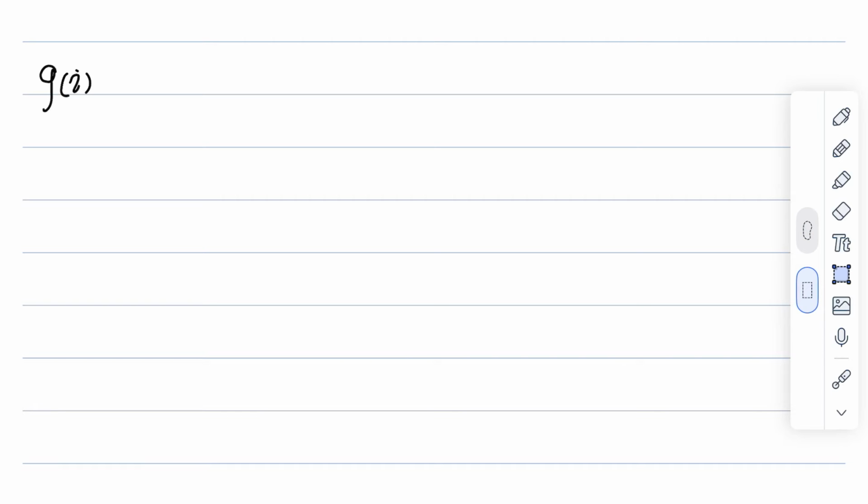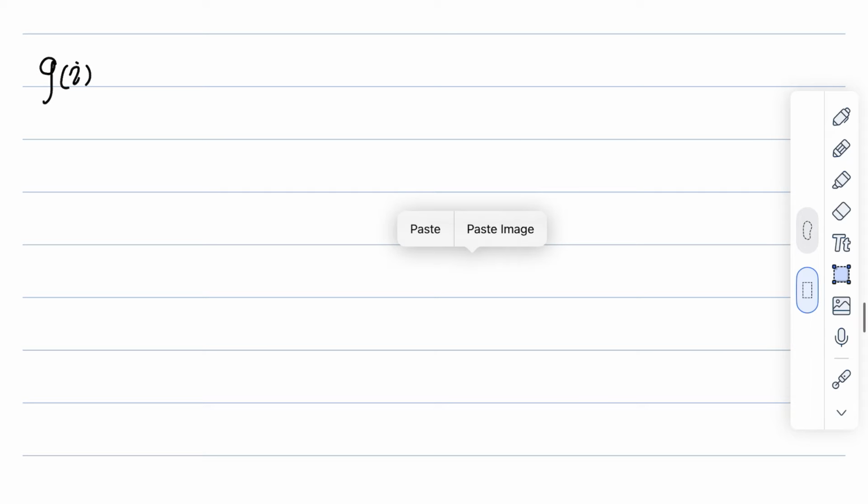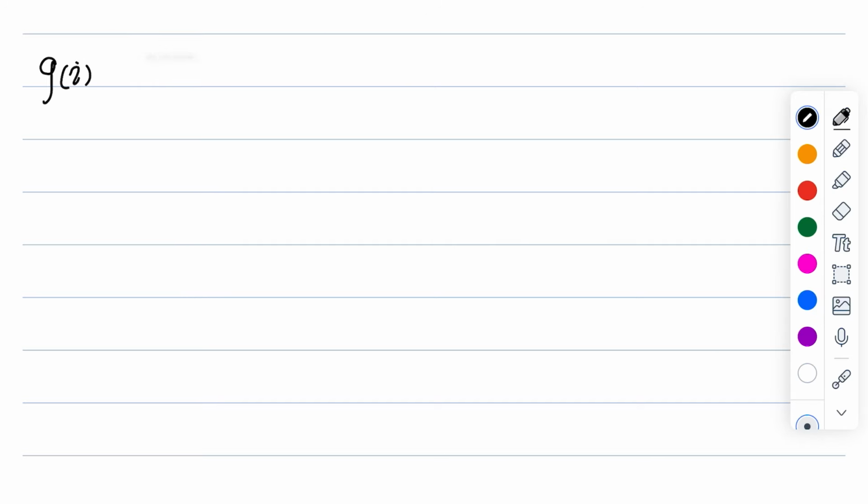Next, now coming to G1, he is asking, by using the result of part f and considering the sign of fn prime negative 1, show that (0, 0) is the minimum point and it's a maximum point. So for this first one, he is asking show that it is a minimum point for values of n even.